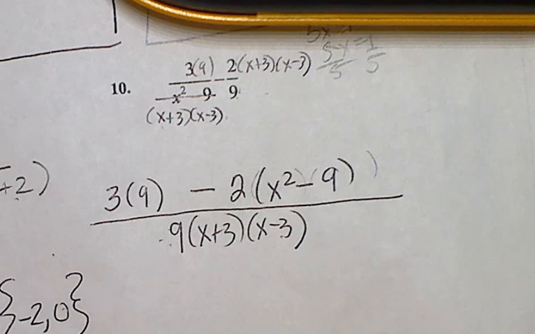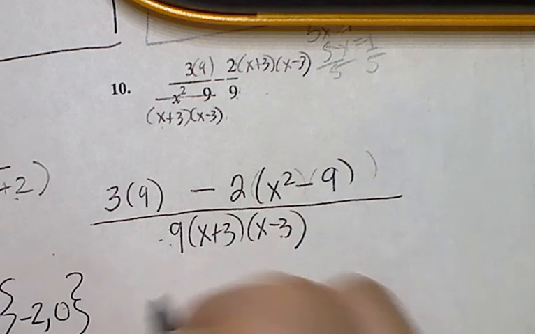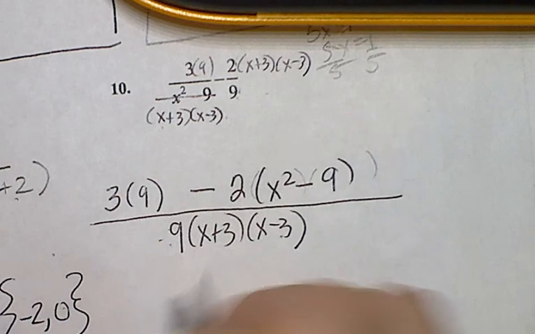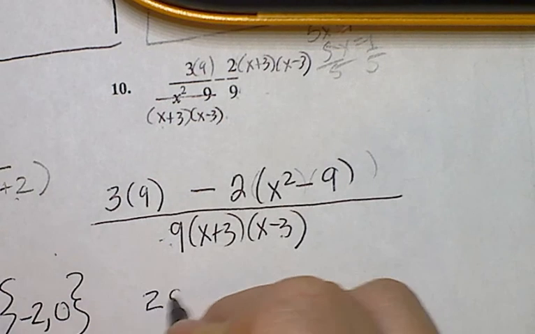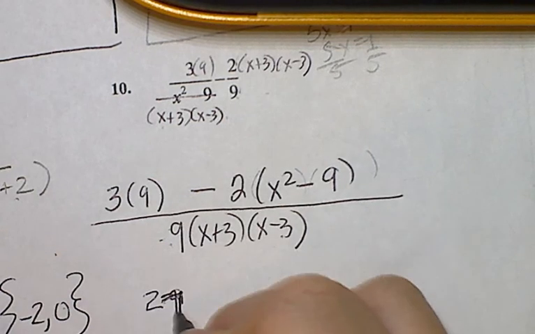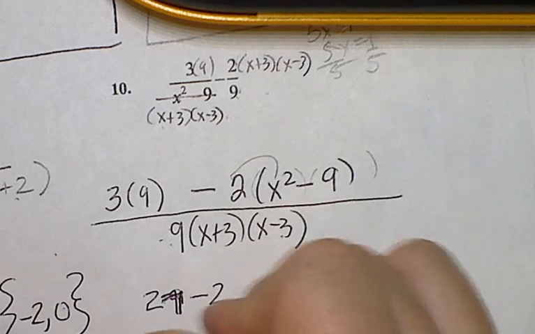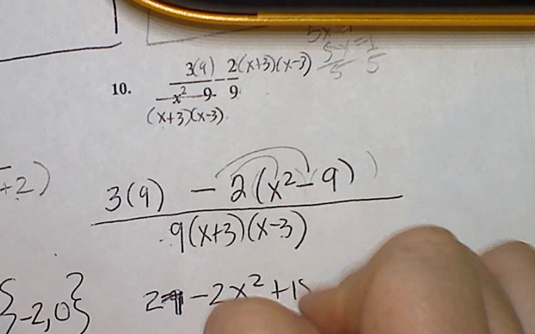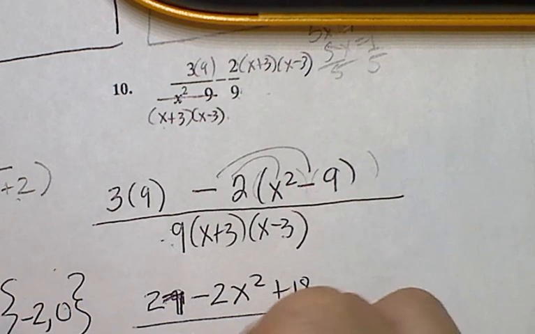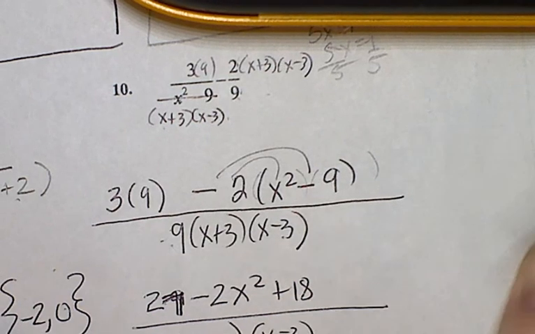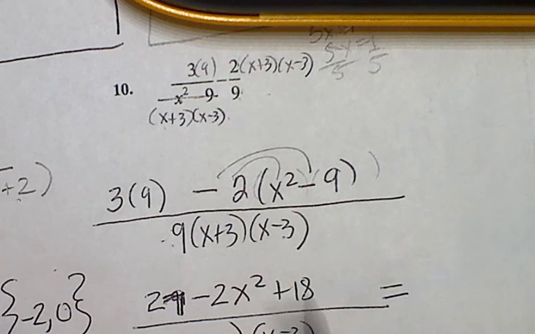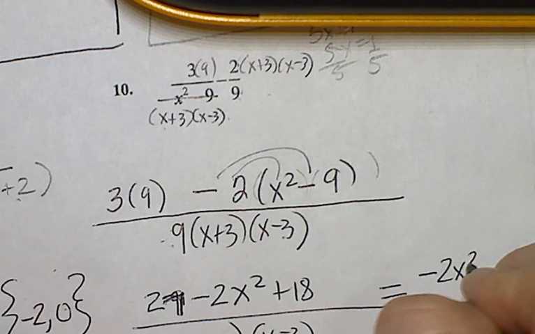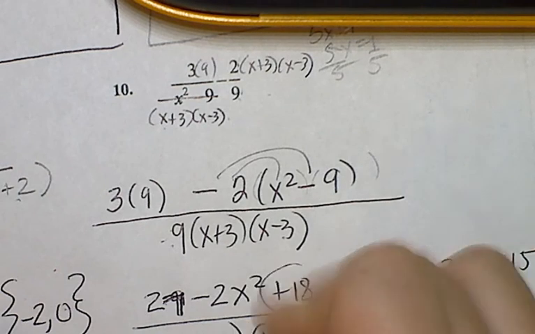My next step is I'm going to take this and multiply, do order of operations here. So I have 27. Now I'm going to distribute minus negative 2x squared plus 18. Okay, writing this in standard form and combining like terms: negative 2x squared plus 45.